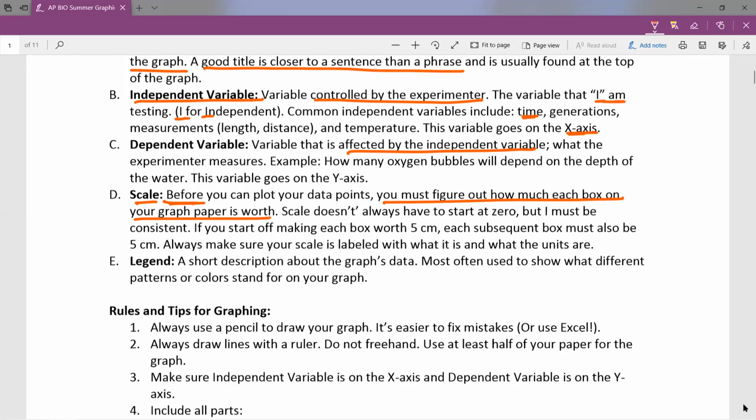And also, it doesn't have to start at 0. If your data goes from 1,000 to 2,000, your graph only has to go from 1,000 to 2,000. But you should be consistent. Shouldn't be 1,001, 1,002, 1,003, 1,010, 1,020 on the same size boxes.